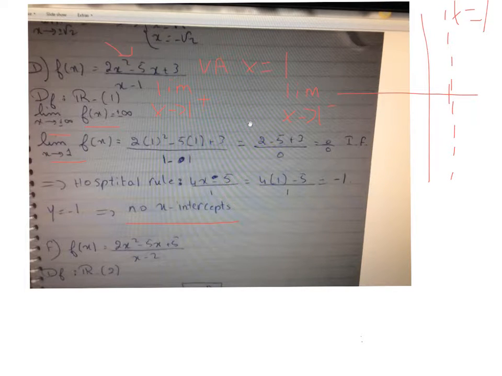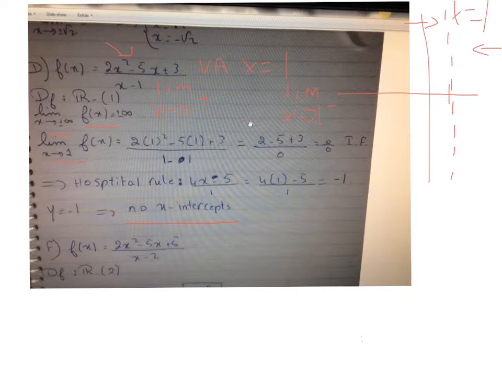In other words, as we're coming towards the asymptote from this direction, what's the curve doing? As we're coming towards it from this direction, what's the curve doing? So we will have a good idea on both sides of that line what the curve looks like on the graph.